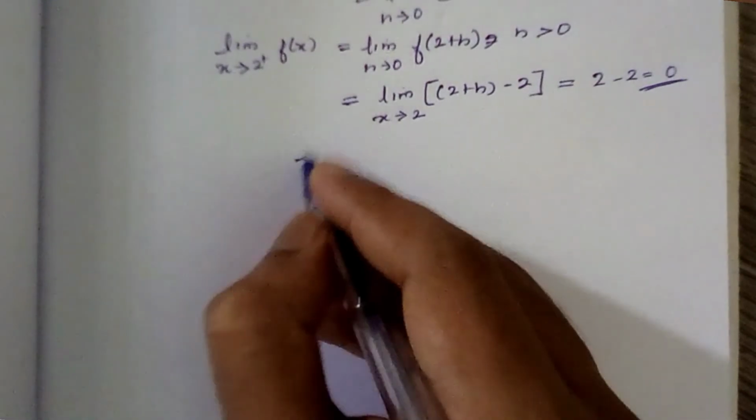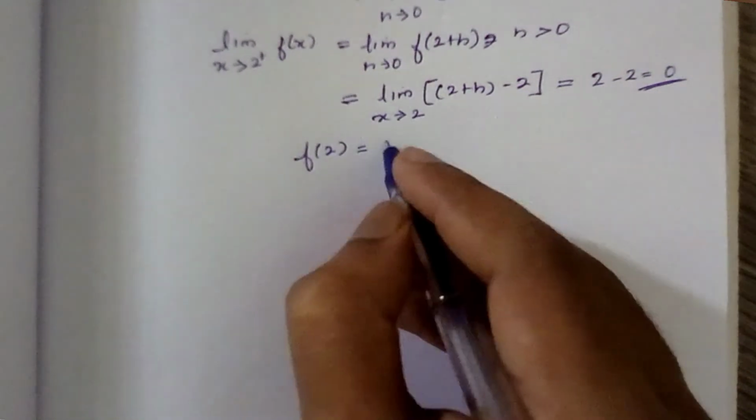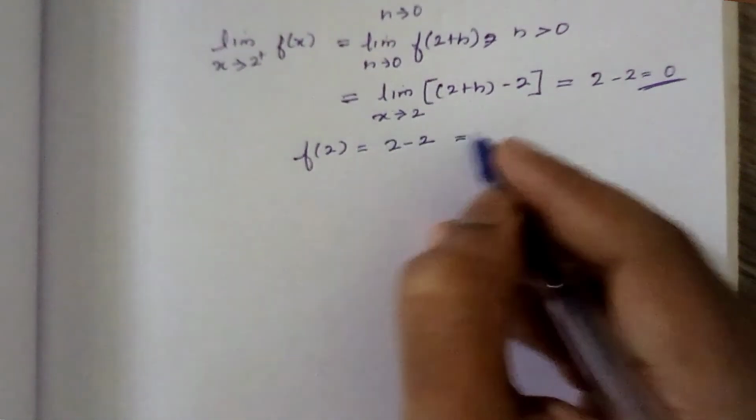And f of 2 is equal to 2 minus 2, which is also equal to 0.